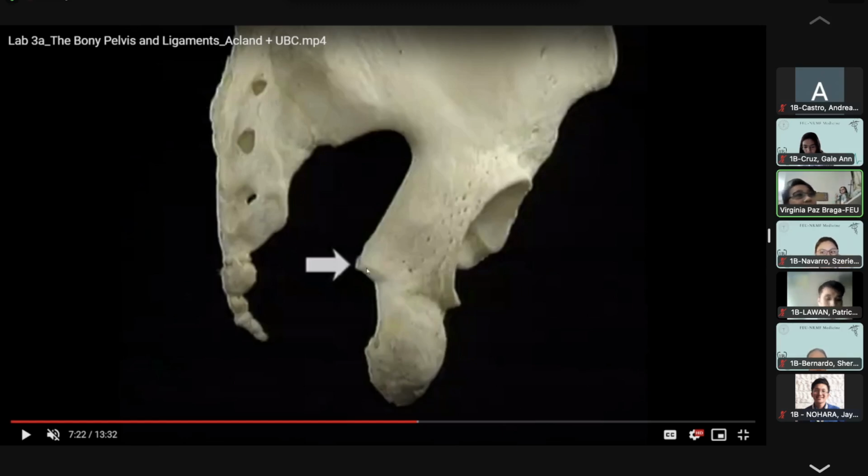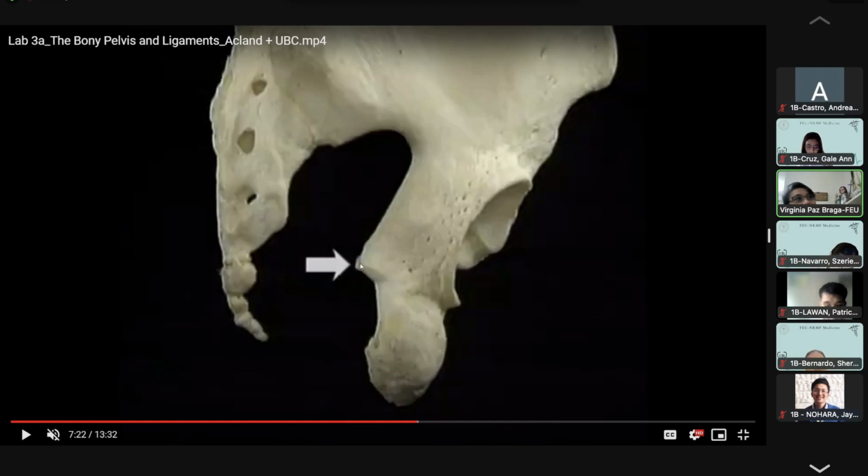Okay, so, ischial spine. The ischial spine, kung papansinin nyo, is a landmark dividing what? The greater sciatic notch above and the lesser sciatic notch below. Okay? Also, the ischial spine is an attachment of a ligament, which we will ask later.